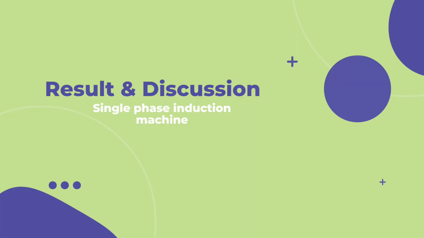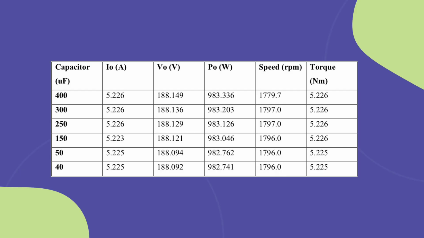Here are the results of simulation for single-phase induction machine. From the result, we can observe that the values of output current, output voltage, output power, speed and torque increase by a very small amount when we increase the capacitor from 40 until 400 microfarad.